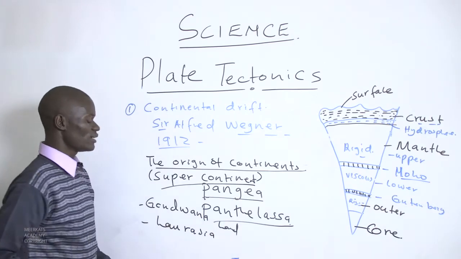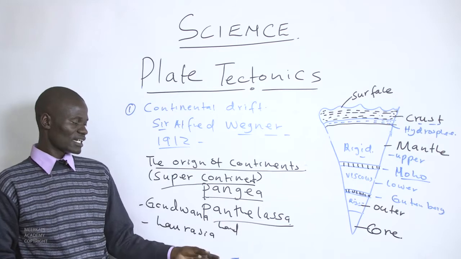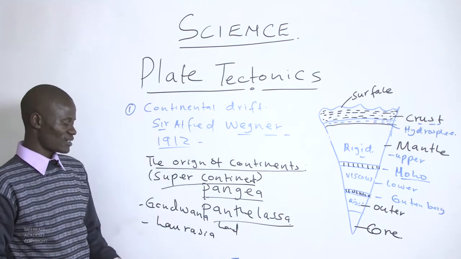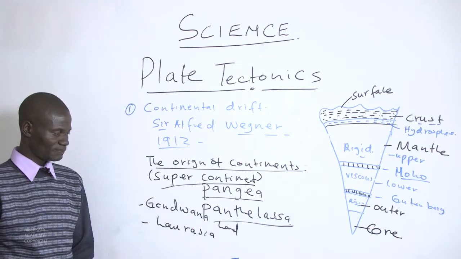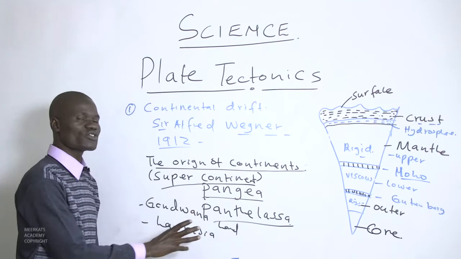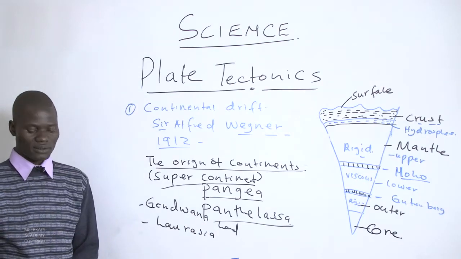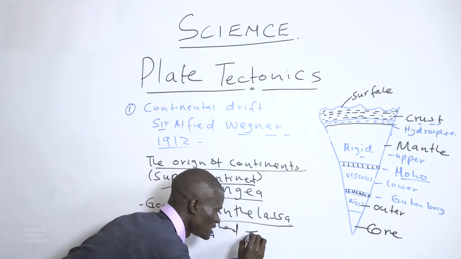The Gondwana land moved in the northern parts, while the Laurasian shield moved in the southern parts. And then it was surrounded by a narrow ocean that was called Tethys.